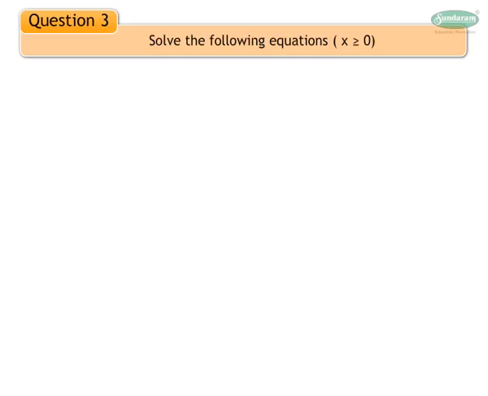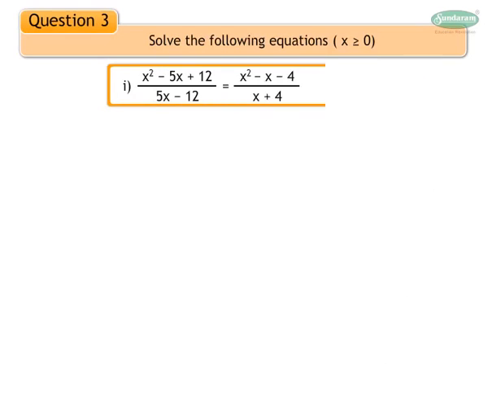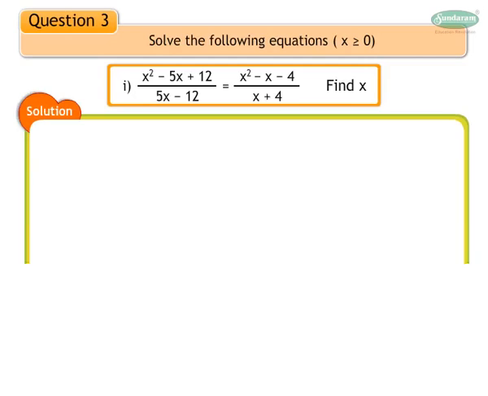Question 3. Solve the following equation where x is greater than or equal to 0. 1. (x²−5x+12)/(5x−12) = (x²−x−4)/(x+4). Find x. Solution.